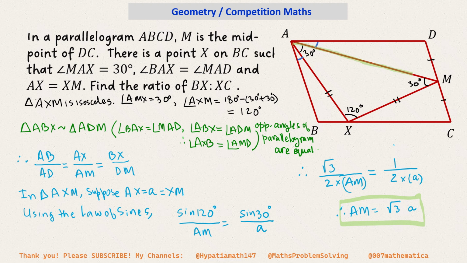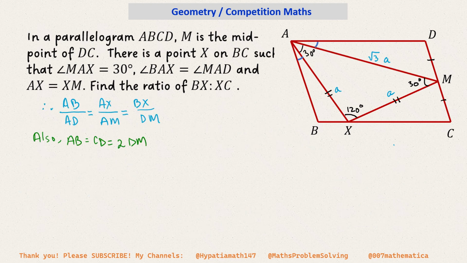So we know this side now. Now if we go back to our ratios and put in the values, before putting in the values, you can see that AB is equal to twice DM, because AB is equal to CD and CD is twice DM.